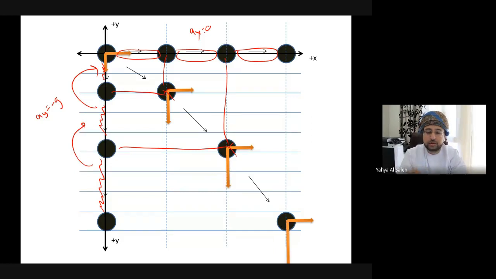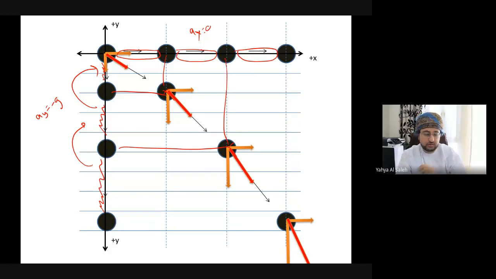If I'm drawing the vectors, my x vector is the same every single time, but my y velocity is becoming bigger and bigger and bigger because there's gravitational acceleration. And since y is becoming bigger and bigger, my resultant is going to become slightly more and more towards the y-axis.